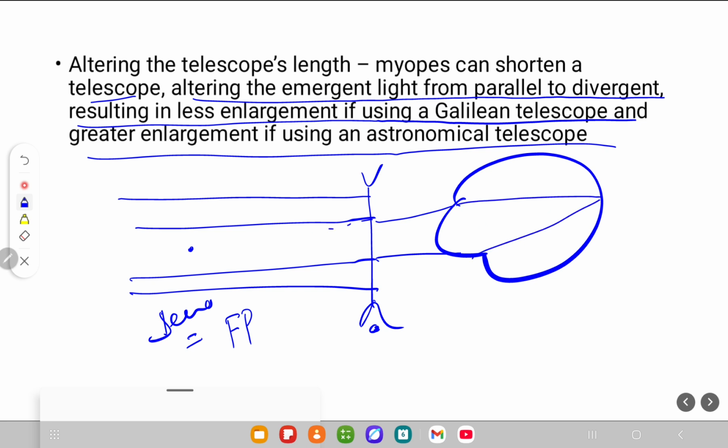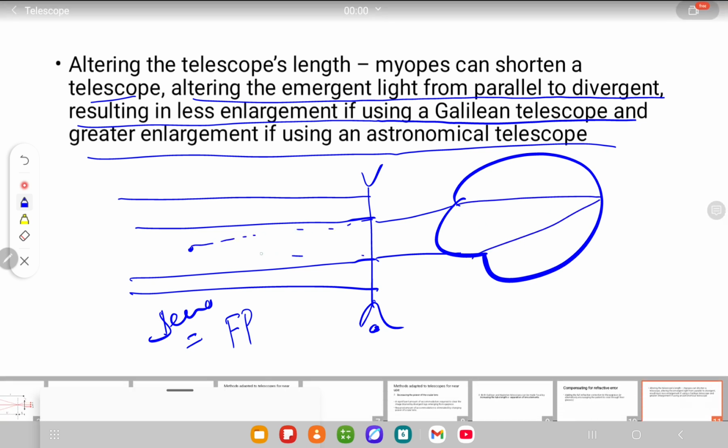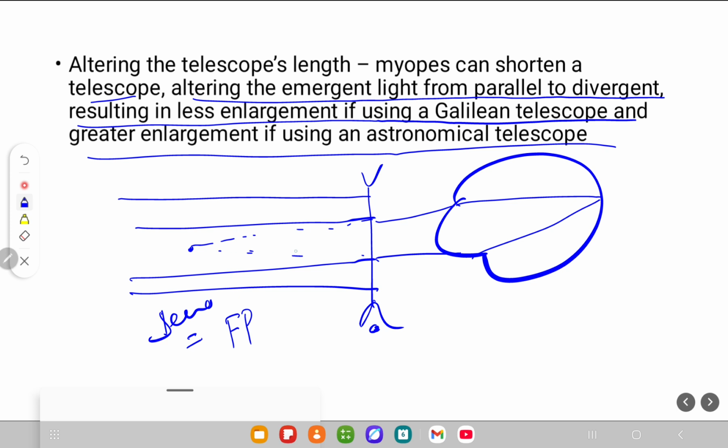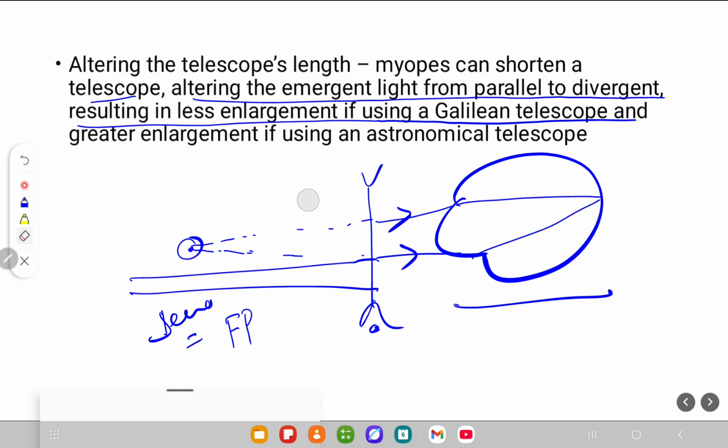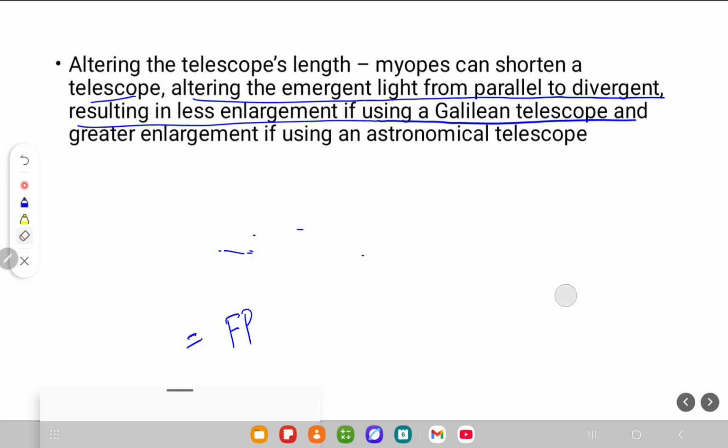So the main moral of the story is I need an exact amount of diverged light, isn't it?